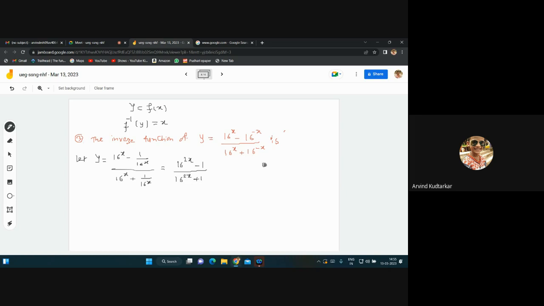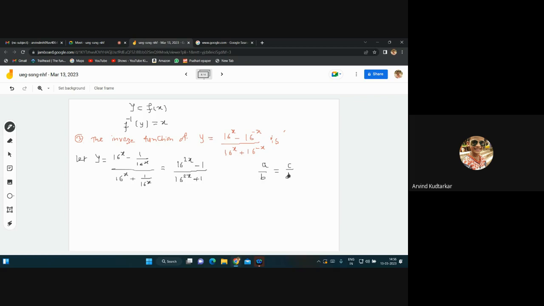For example, A by B is equal to C by D. When you apply an operation like addition and subtraction in the numerator on both sides, like A plus B upon B is equal to C plus D upon D, or A minus B upon B is equal to C minus D upon D, that is called componendo.